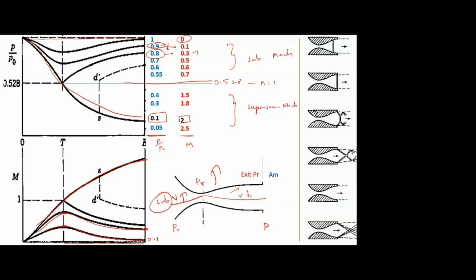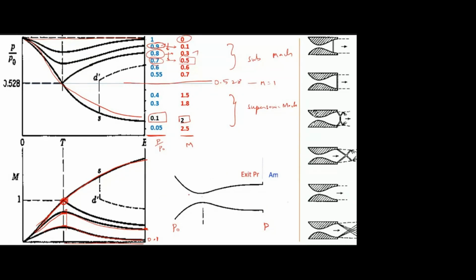Now again I am further reducing the pressure ratio. Assume the corresponding Mach number for this pressure ratio is 0.7. So the subsonic Mach number is already increasing. Assume that for this 0.7 I am reaching sonic at the throat. I keep on increasing the pressure difference, that is decreasing the pressure ratio.